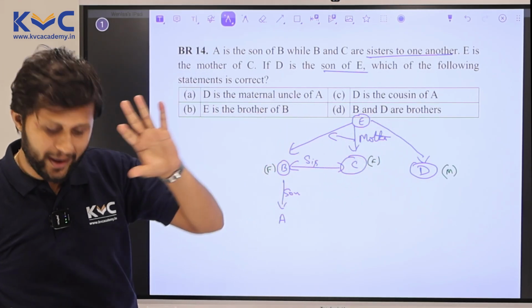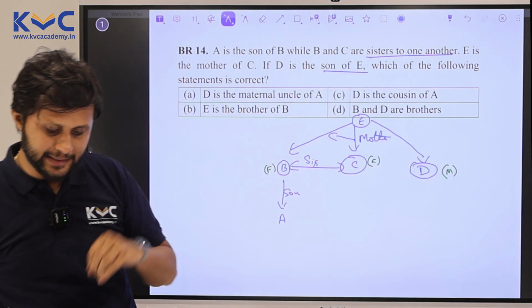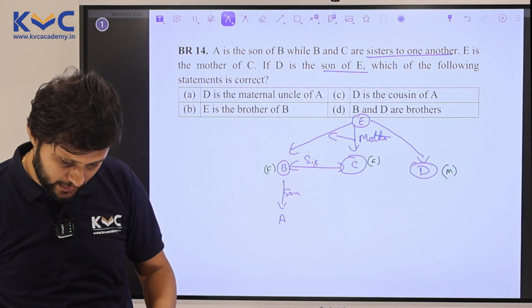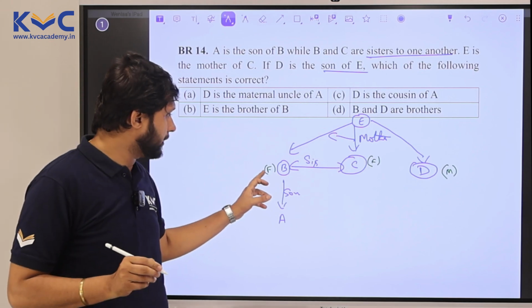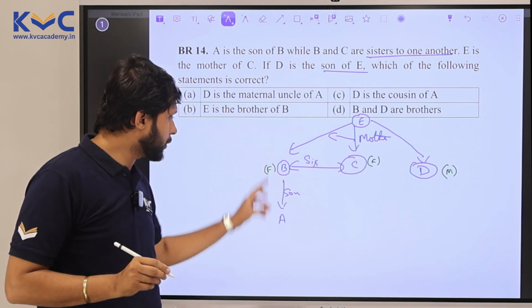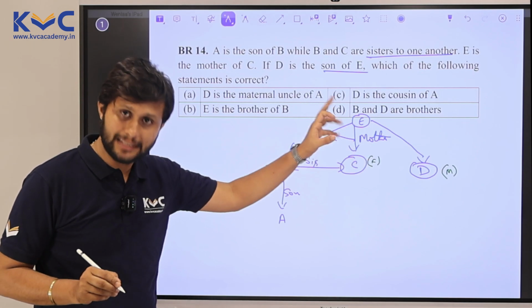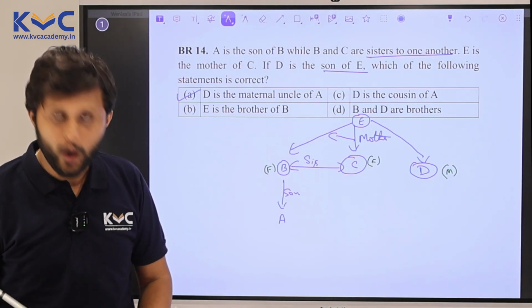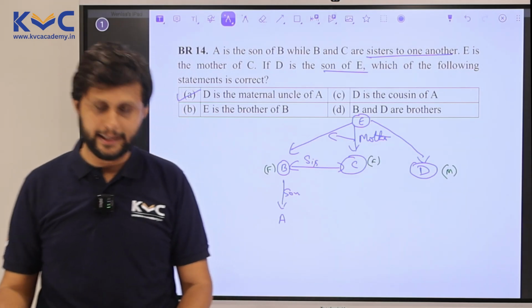Correct? And why do they say maternal? Maternal means you have to see it from mother side. So we have female over here, we have female over here. So mother's brother is uncle, and from the mother side, that's why it is maternal. Option A is the right answer.